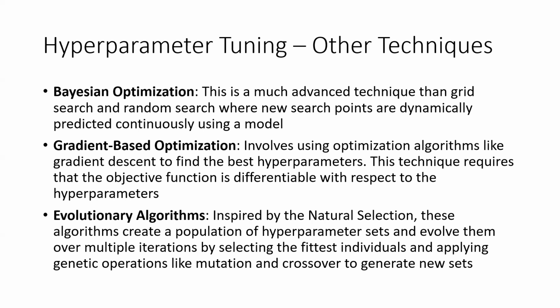We have to move from one point to another in a continuous space, right? So for that particular reason, you have to have a differentiable and continuous space in the hyperparameter space, right? So if you can make that assumption, you can use the gradient based optimization.